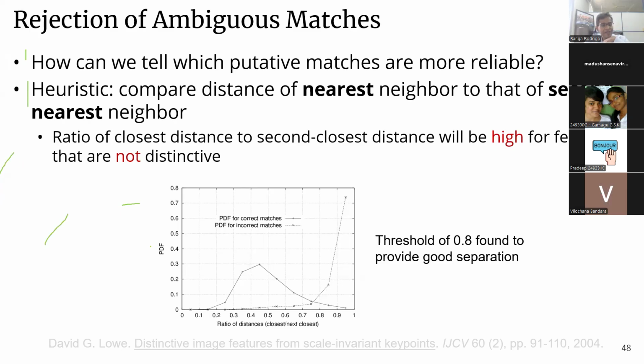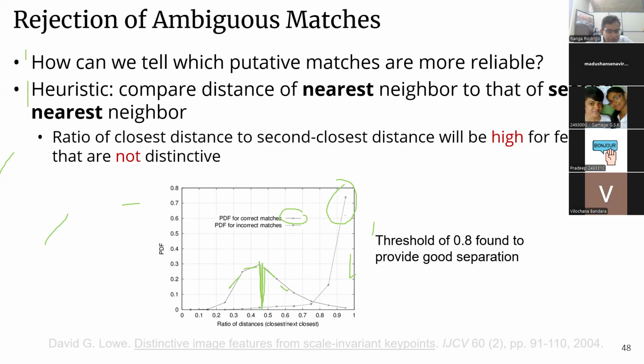This graph is from David Lowe's paper. PDF for the correct matches. These are the correct matches. These are incorrect matches. For correct matches, the closest to next closest ratio will be small, like 0.4.